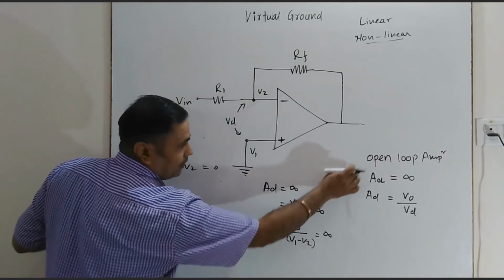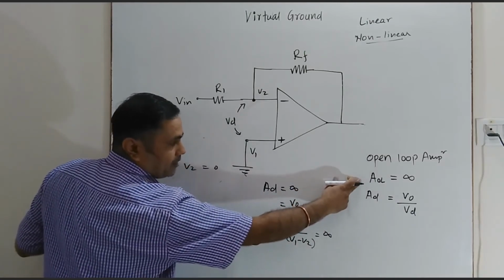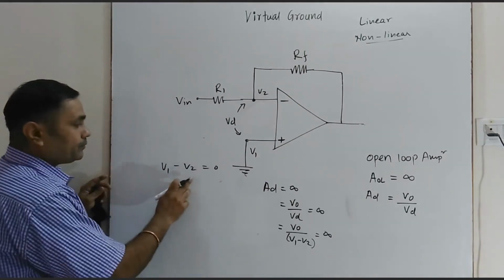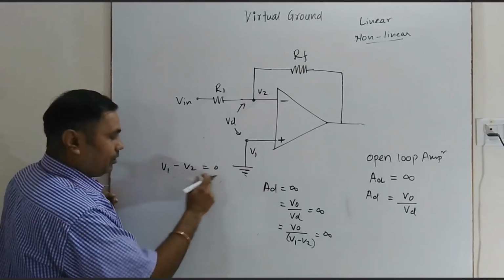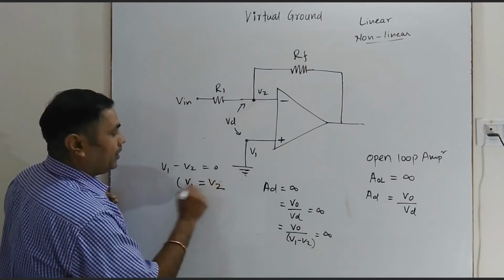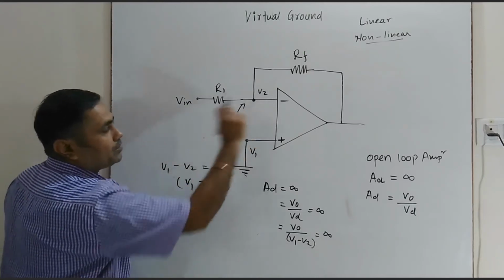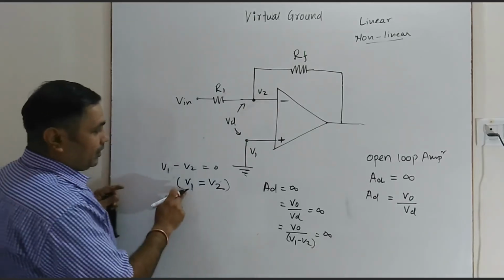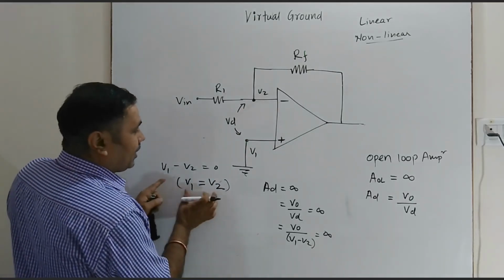And as we know that the open loop gain of this amplifier is infinity, so we have written infinity here. If this must be 0, then what should be there? V1 must be equal to V2. Then only the subtraction will be 0, and then only the gain will be infinity. Now here V1 and V2 both are equal.